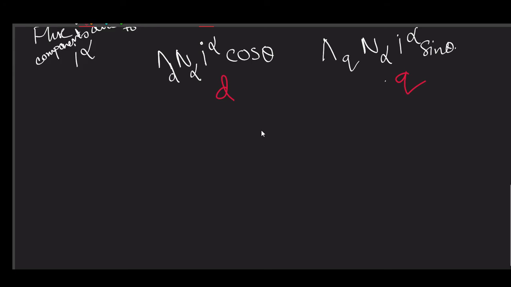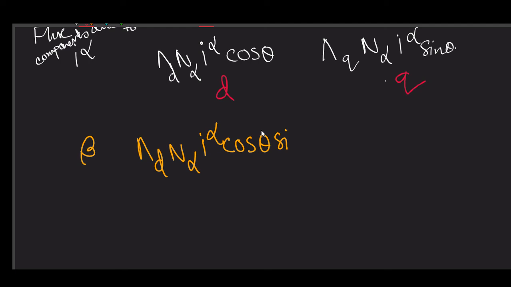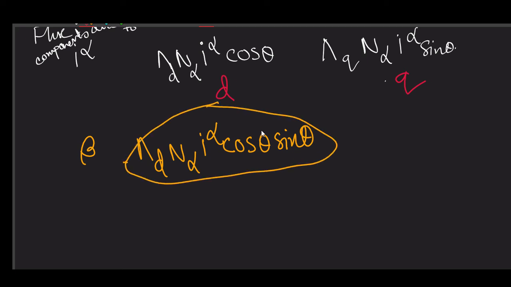For beta phase, let me use different color. For beta phase, what you will have? Lambda D n alpha I alpha cosine theta, this is for D axis, and for Q what we will have?